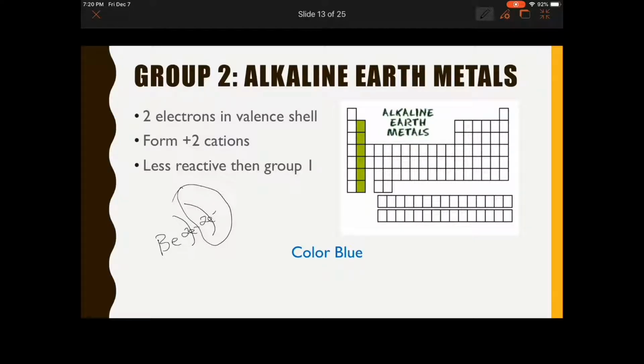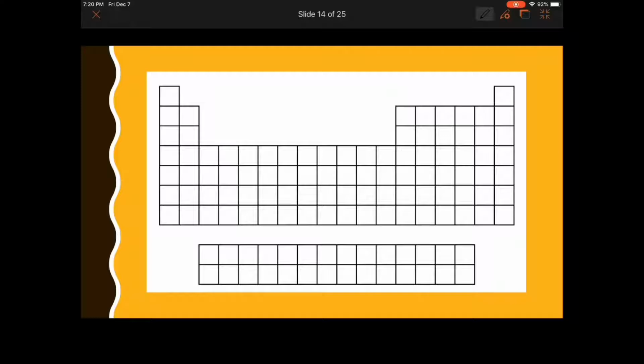On your blank periodic table, we are going to color these blue or whatever color you choose. So it is just going to be this group right here. And don't forget to write a legend that states that whatever color you have is the alkaline earth metal.